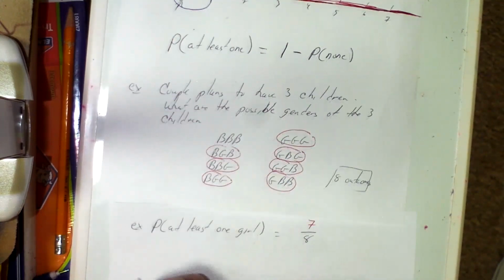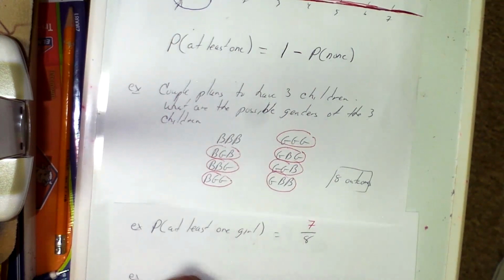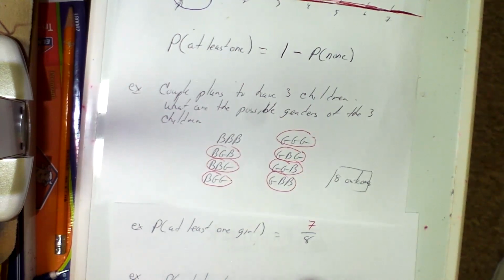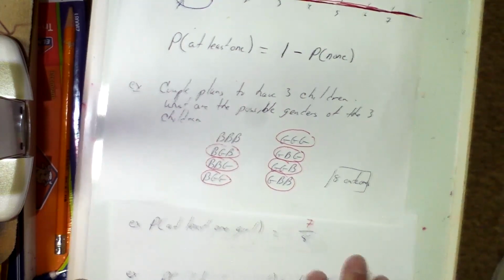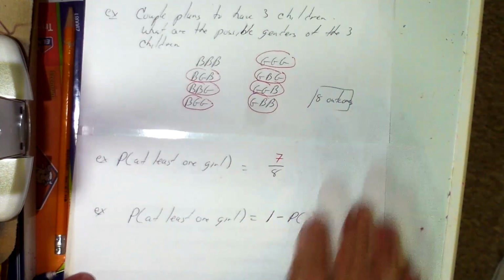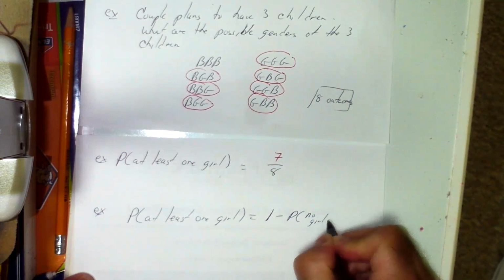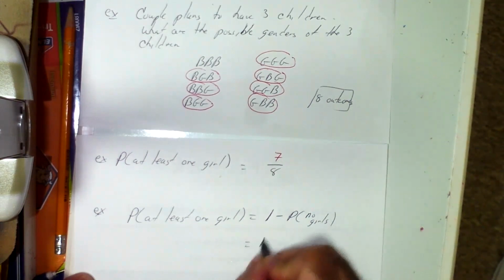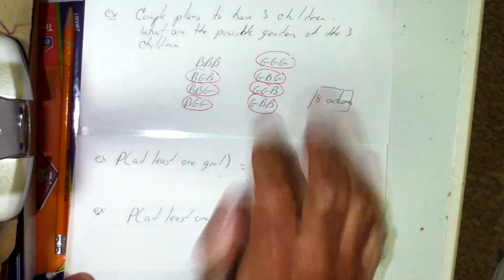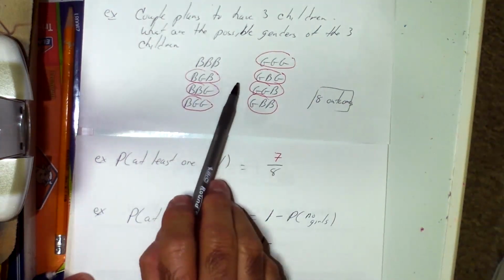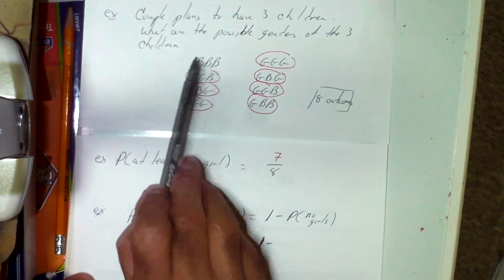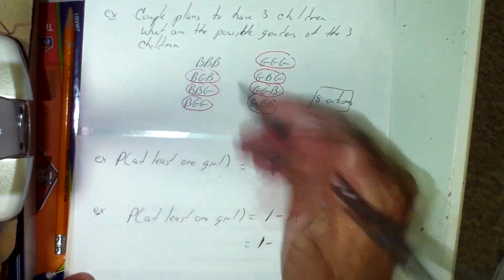Now, if I use my formula, let's do the formula. The probability of at least one girl is equal to 1 minus the probability of no girls. Right? So if you look at our list here, out of the 8, which ones do not have any girls? Only 1.